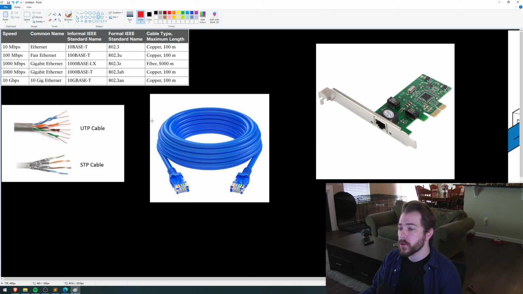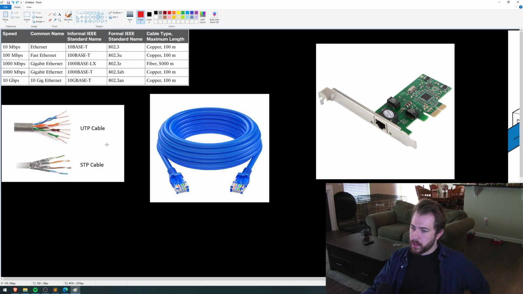Now, they can come in two different types: unshielded twisted pair or shielded twisted pair. Now, what is twisted pair? Why is it twisted? Primarily, it's twisted to reduce incoming noise and electromagnetic interference. The twisting allows it to be resilient to those effects, which can cause issues.